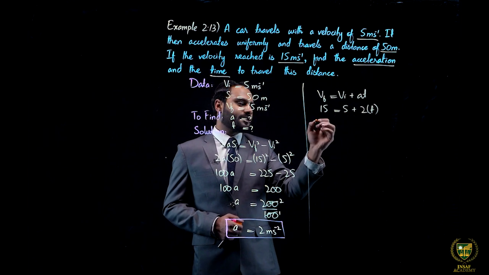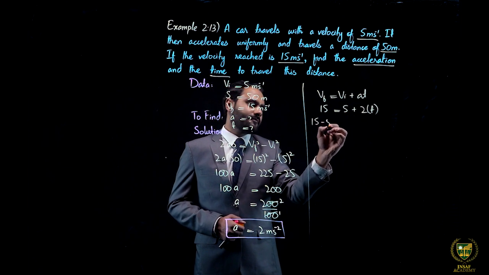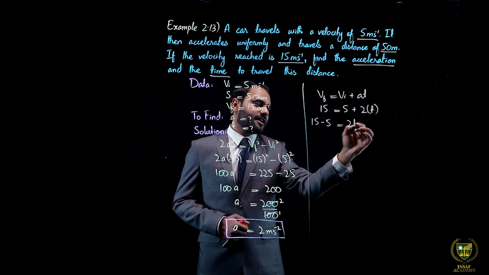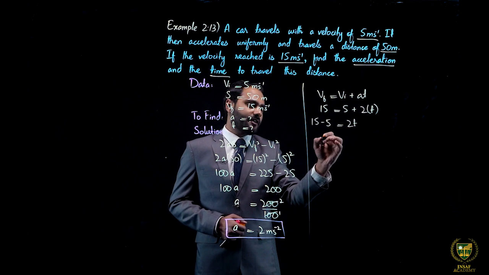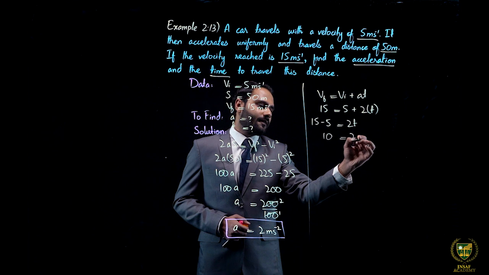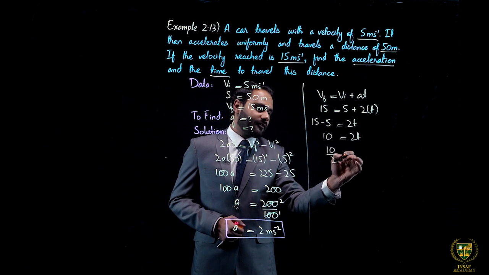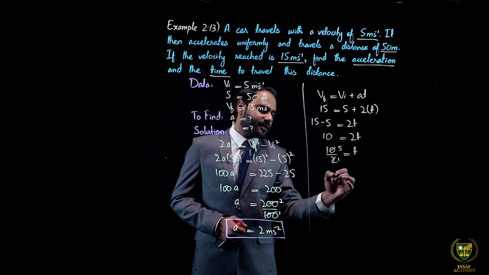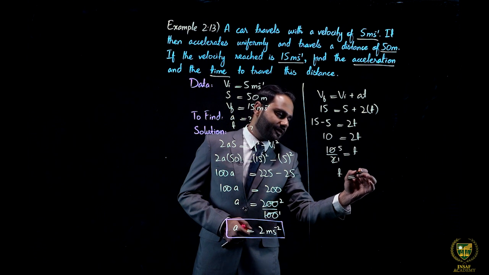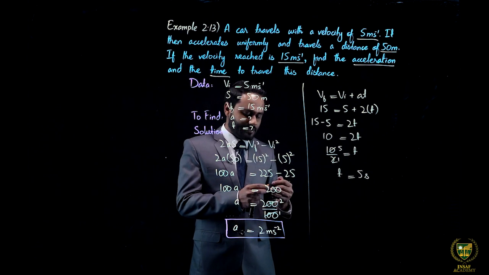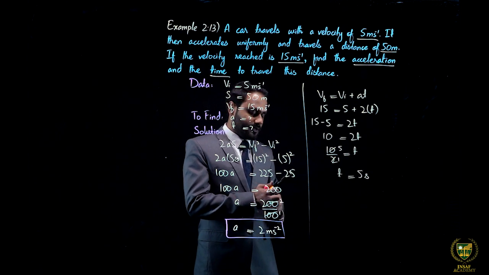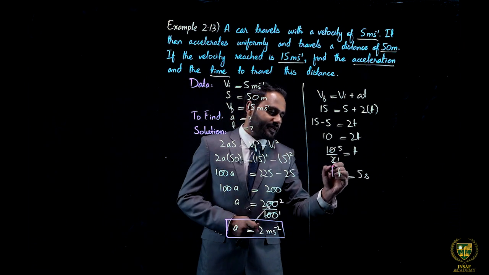The 5 is being added, so it will be subtracted on the other side, and we get 2t. 15 minus 5 becomes 10, and that is equal to 2t. Since 2 is multiplying t, it will divide on the other side, so t is equal to 5. 2 ones are 2 and 2 fives are 10. So time is equal to 5 seconds. Clear?